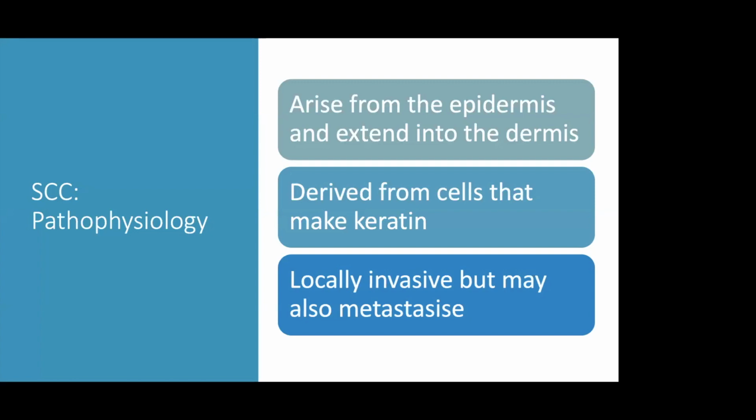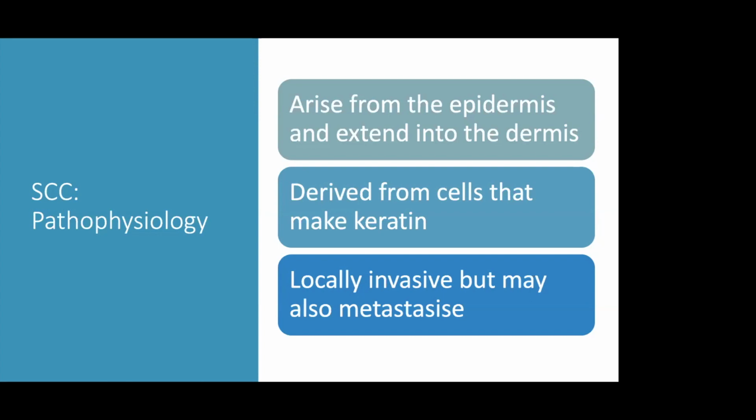They're derived from cells that make keratin, the protein that makes up skin, hair, and nails. And in a similar way to basal cell carcinomas, they can occur from damage from the sun, from UV radiation.